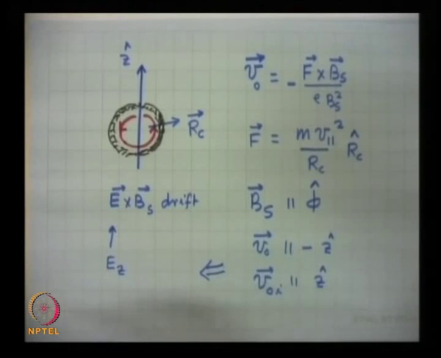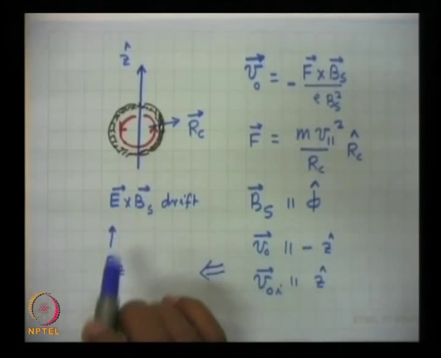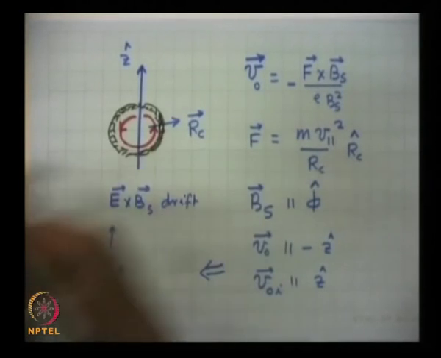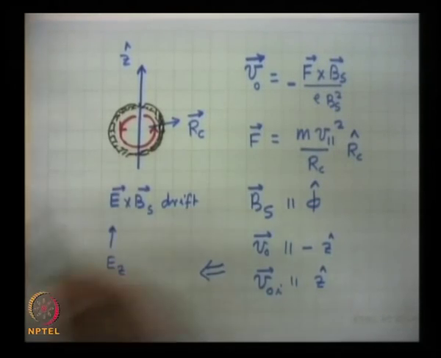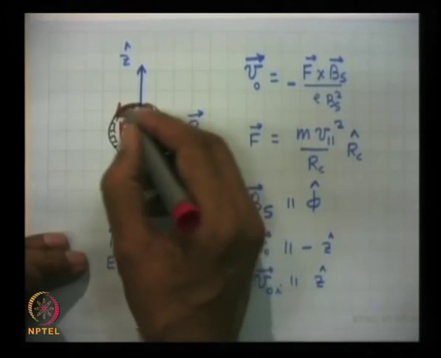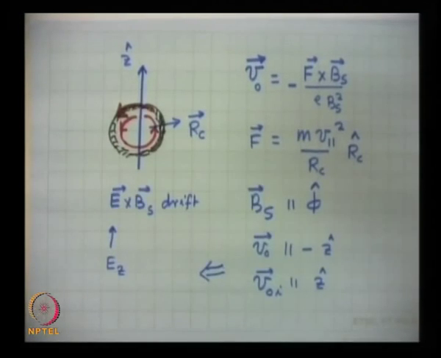We shall look into this in detail either today or in our next lecture, but that is a very important contribution to plasma physics, that just by passing a current in the azimuthal direction in the plasma, in the same direction in which the magnetic field exists, you can have this.